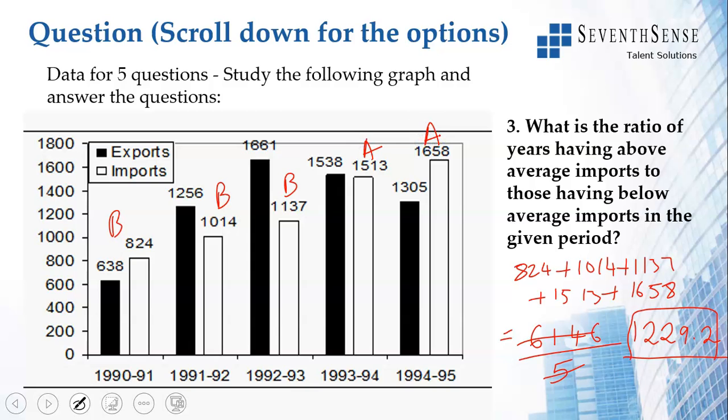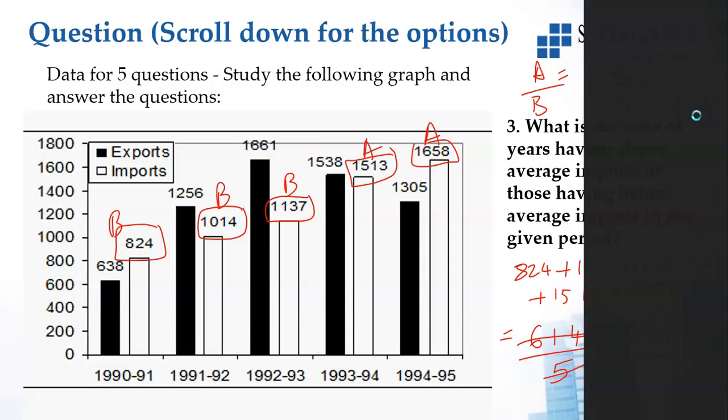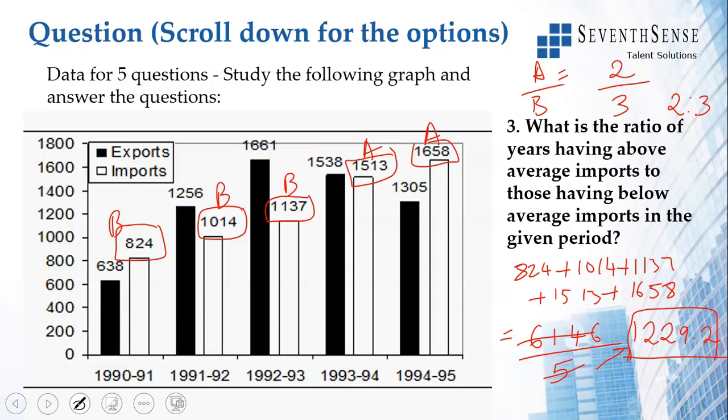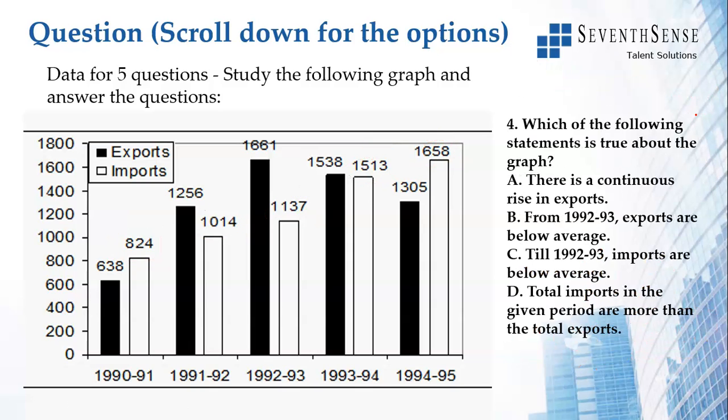Imports for the first three years are below the average, lesser than 1229. Here it's more than the average, and here too. But what ratio do you have to find? Above average imports we have 2 years, by below average imports we have 3 years. Hence it is 2:3.